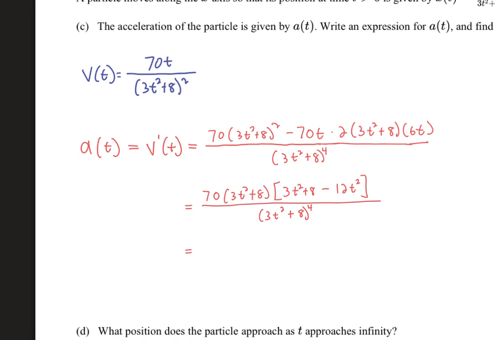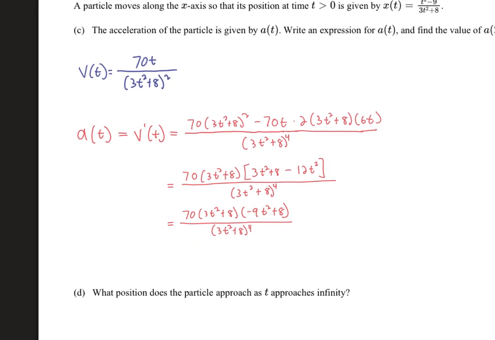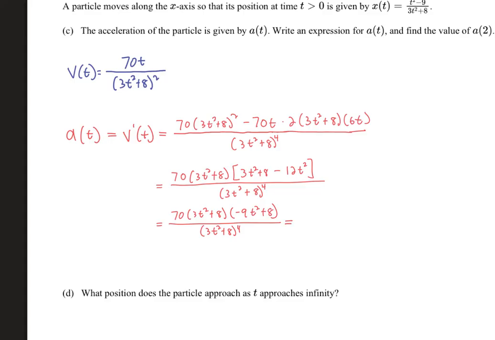Okay, and then now we'll just simplify what's in the brackets. So 70 times 3t squared plus 8, and then that'll be negative 9t squared plus 8. Okay, and then one last step, we can cancel out at least that whole factor, and then that's 3.